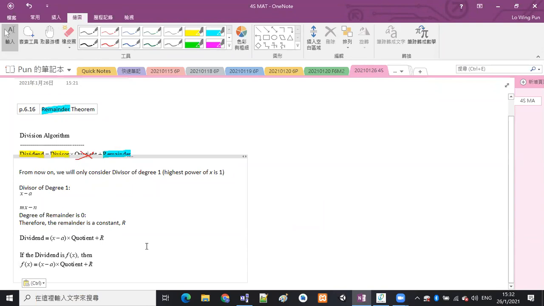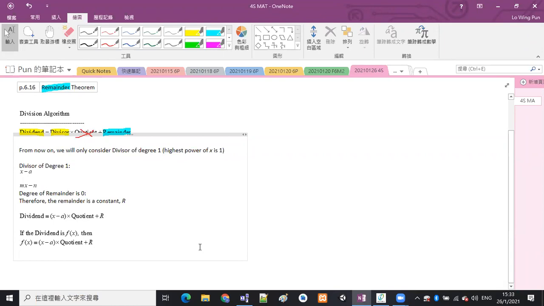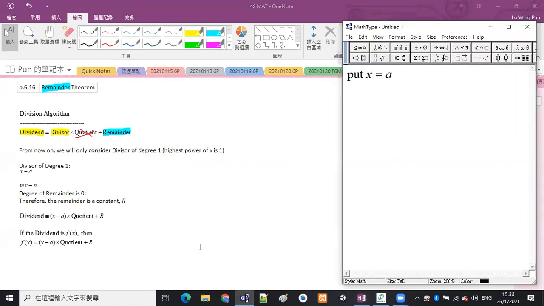Because this is an identity, I can substitute any number into x such that the left-hand side will be equal to the right-hand side. That is the property of an identity: whatever number you put in for x, the left side equals the right side. An ordinary equation does not work this way; we would have to solve for the particular x that satisfies it. Which number is best to substitute? If you are sharp, we should take x equals a. We put x equals a into this identity.